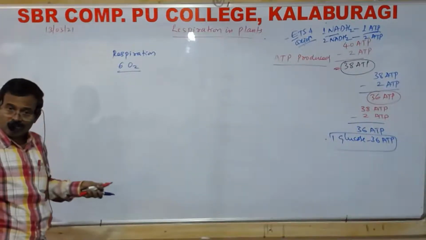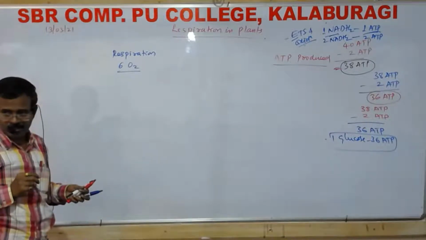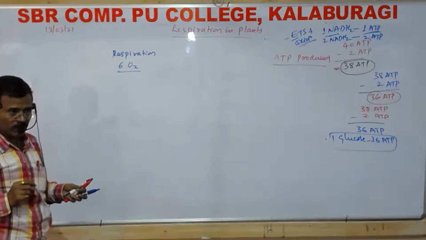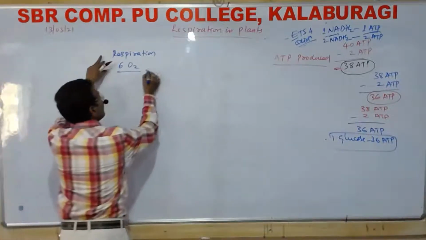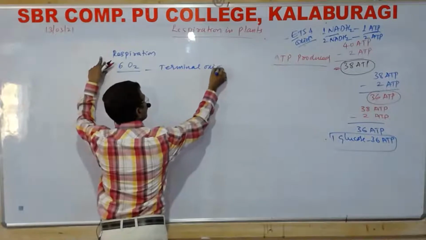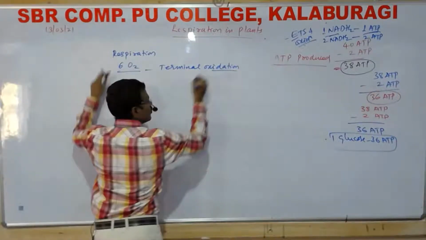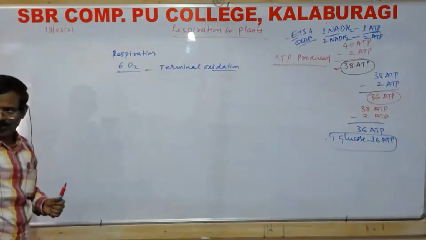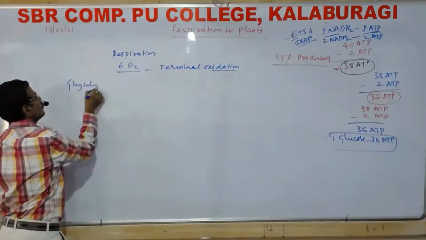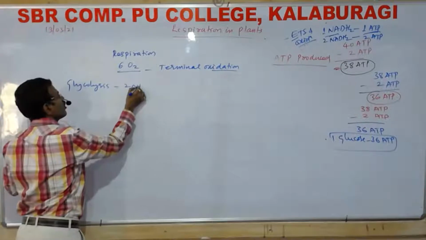Where exactly is oxygen used? In glycolysis, oxygen is not used. In Krebs cycle, there is no direct utilization of oxygen. So oxygen is used mainly in the terminal oxidation process. Remember, from glycolysis, 2 NADH2 are produced.